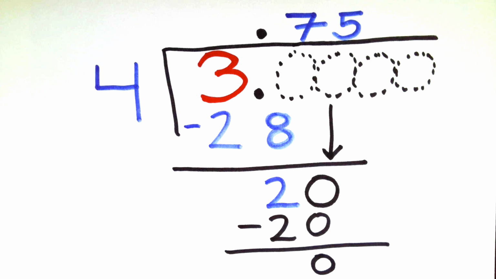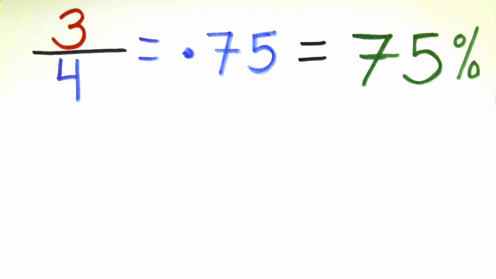Let's get her done. All right, so now you can see these three values are equivalent to each other. They're just written in different forms. In fraction form, 3/4 is equal to 0.75, or 75 cents. 25 plus 25 plus 25 is 75 cents, right? 0.75.